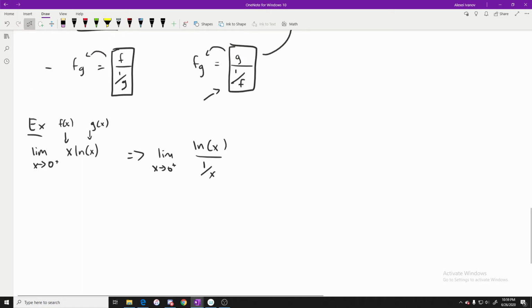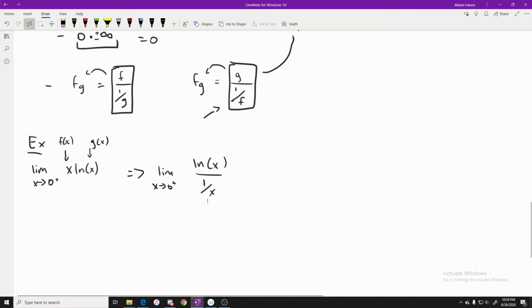Now we have an indeterminate form again, because we have minus infinity over, well, a division by 0, but we can say it's infinity in this case because it's coming from the right. So we would now try to use L'Hopital's rule.